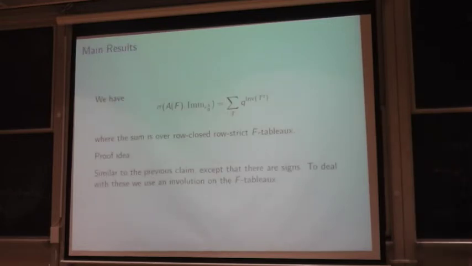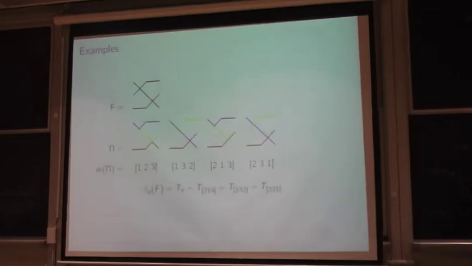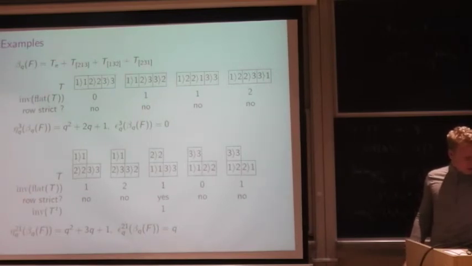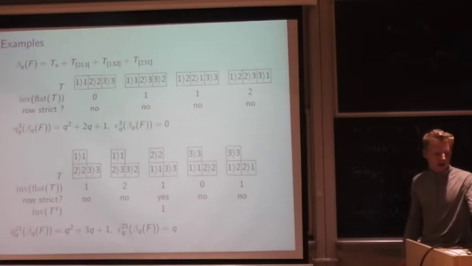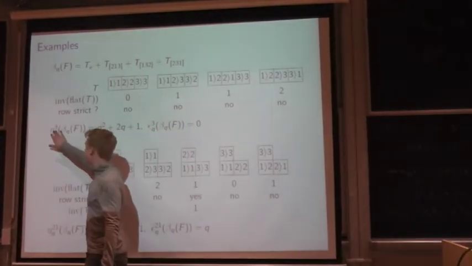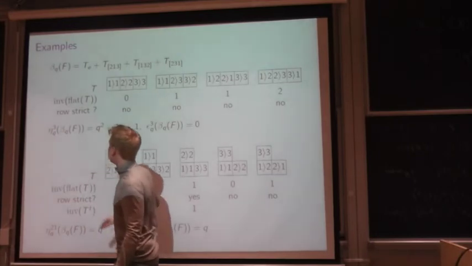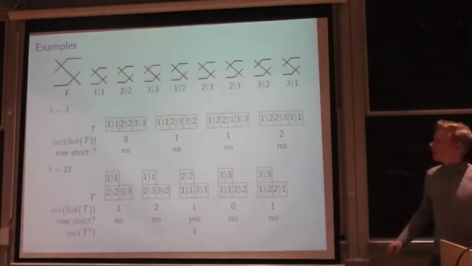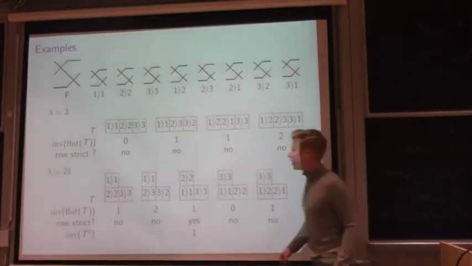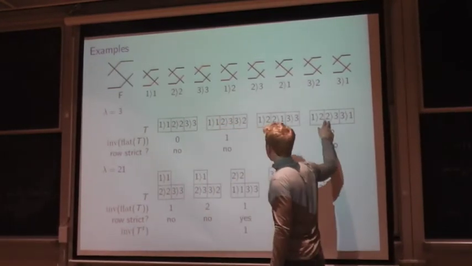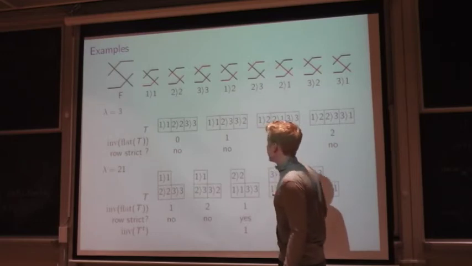So I think going through this long example, we can just skip straight to these evaluations. I was going to give a connection to evaluating characters of certain algebra elements, but here we can just say, to evaluate the immanent corresponding to this on the path matrix of the planar network here, we need to look at all the tableaux we could make out of this planar network, which I've listed here.